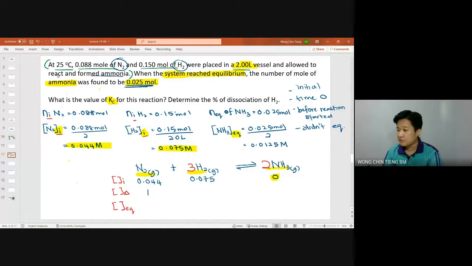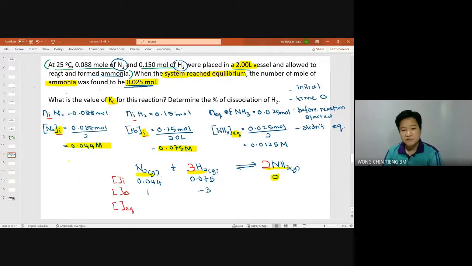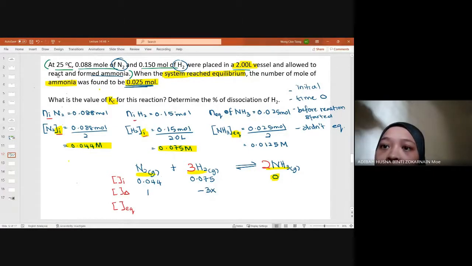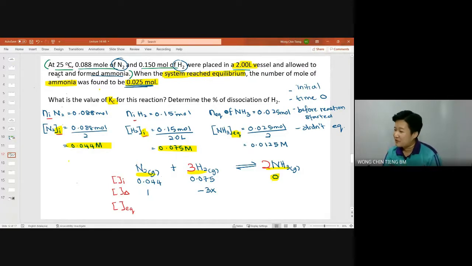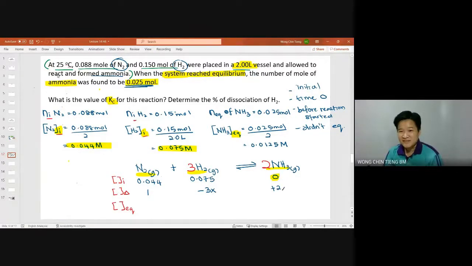Fazana, for H2, what will you write? Adiba, for H2, what would you write? Zero. Negative 3x. Thank you. Kita tanya orang yang mesti boleh jawab. Suren, what would you write for NH3? Plus 2x. Alright.